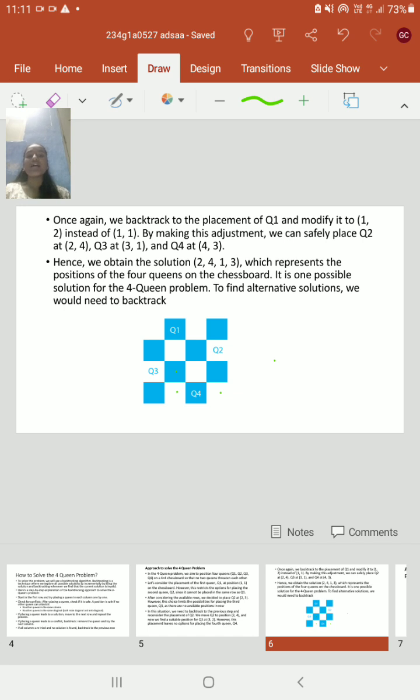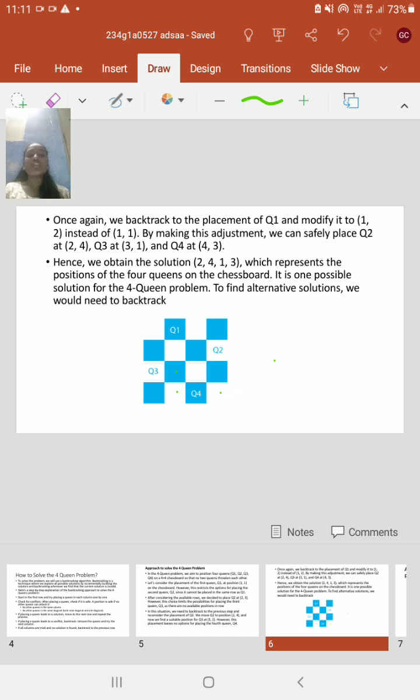By making this adjustment, we can safely place q2 at second row, fourth column, q3 at third row, first column, and q4 at fourth row, third column. Hence we obtain the solution 2 4 1 3, which represents the positions of the 4 queens on the chessboard. It is one possible solution for the 4 queen problem.